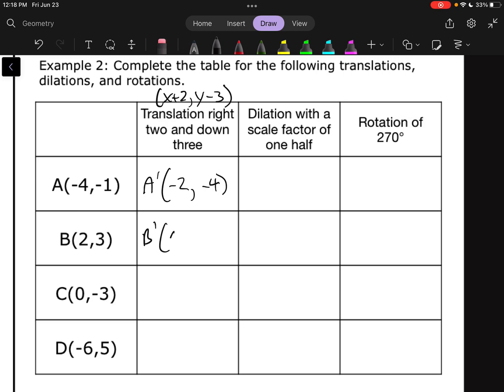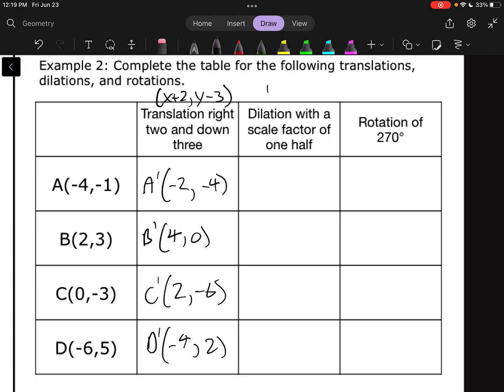B prime is 0, nope, it should be 4, 0. C prime, plus 2 is 2, and then negative 3 minus 3 is negative 6. D prime, negative 6 plus 2 is negative 4. 5 minus 3 is 2.